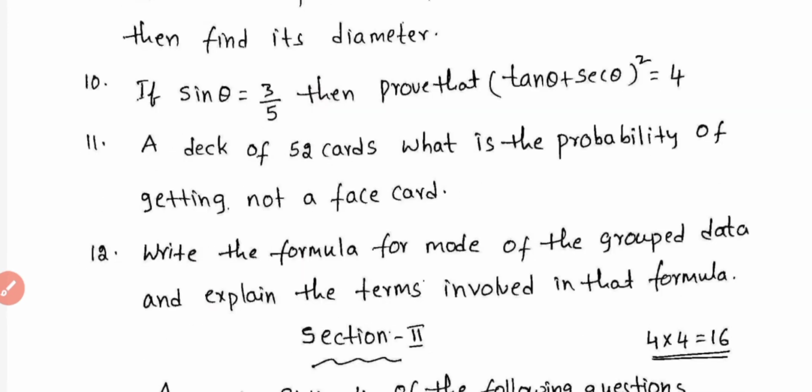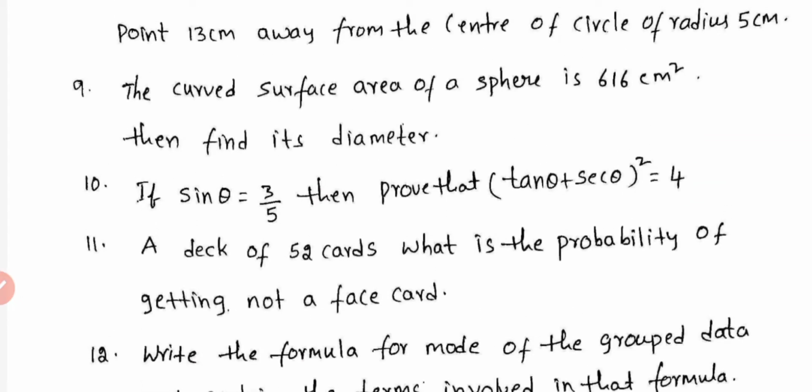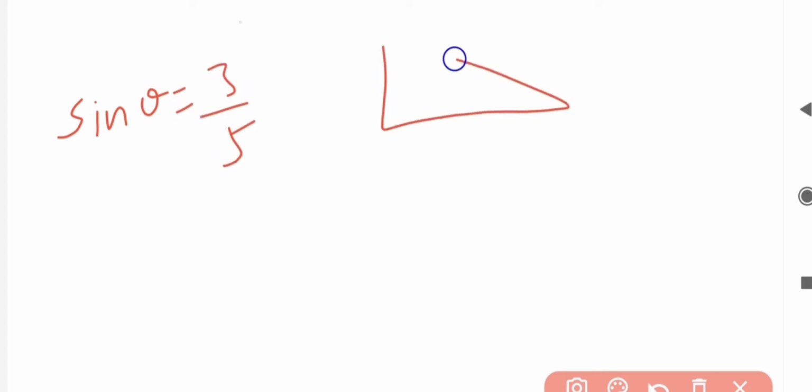Next. If sin theta equals 3 by 5, then prove that tan theta plus sec theta whole square equals 4. Sin theta equals 3 by 5. Here we have the theta. So sin means opposite by hypotenuse. So by Pythagorean triplets, this one is 5, this one is 3, so the remaining is 4, or by using the Pythagoras theorem you find the adjacent side.